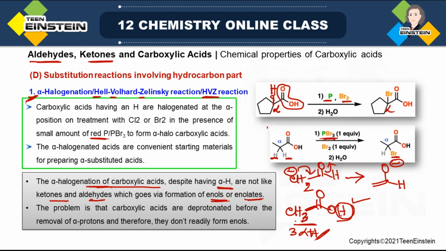So when you use base, this H will be removed, not the alpha hydrogen. The problem is that carboxylic acids will be deprotonated before the removal of alpha protons. And if alpha hydrogens are not removed, it is not possible to get enols. That is why the mechanism here is completely different, and you cannot expect a reaction going via formation of enols and enolates. Here the mechanism is different. Fine, you have to use some phosphorus, red phosphorus or PBr3.